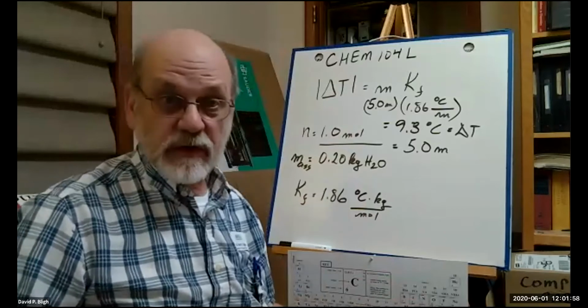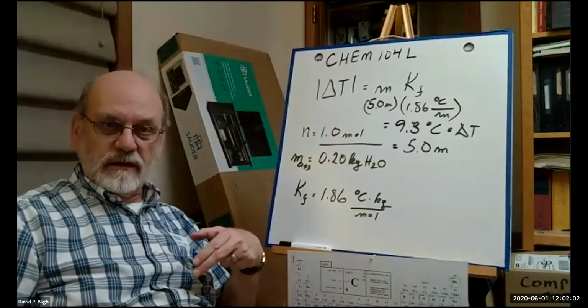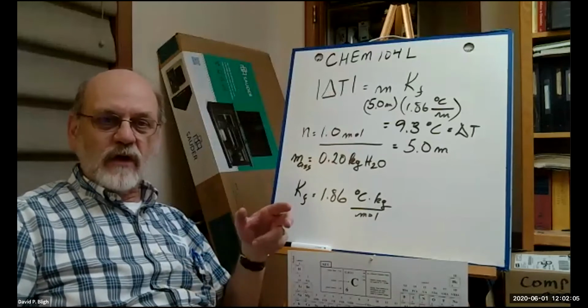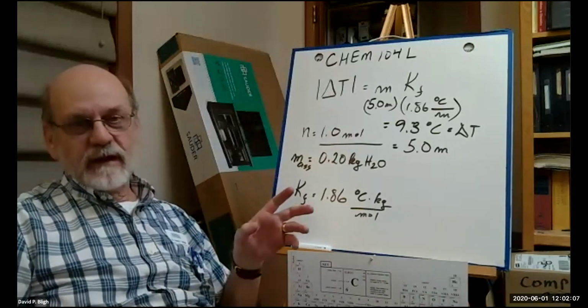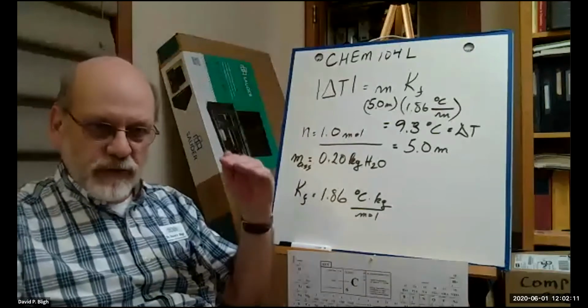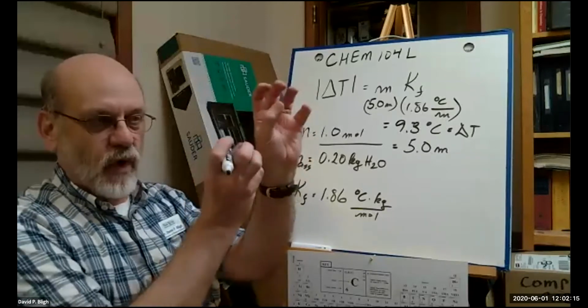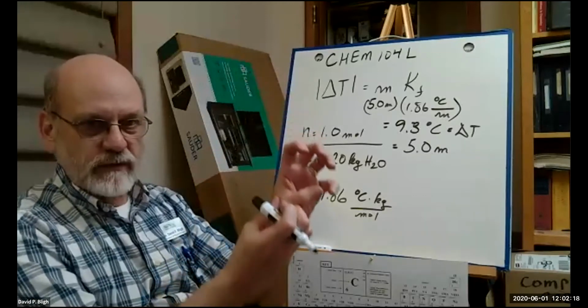How do we make ice cream? We mix salt in ice, and it depresses the freezing point. So the temperature of the ice water solution drops.